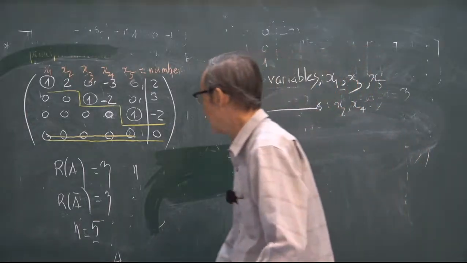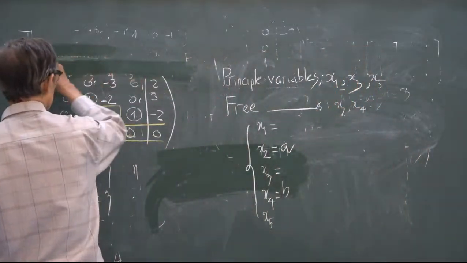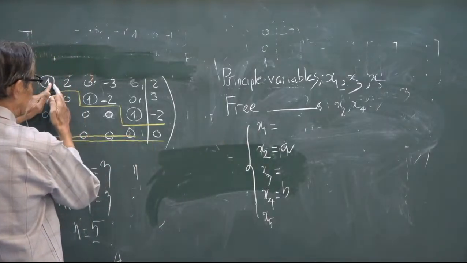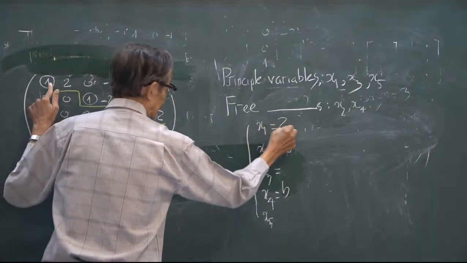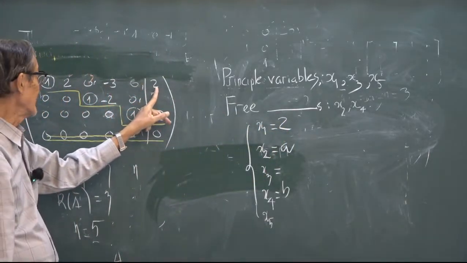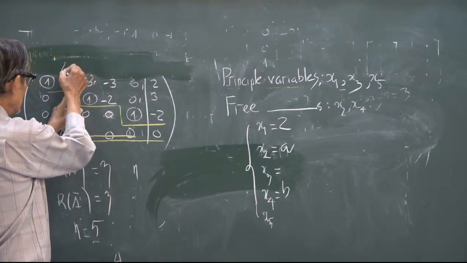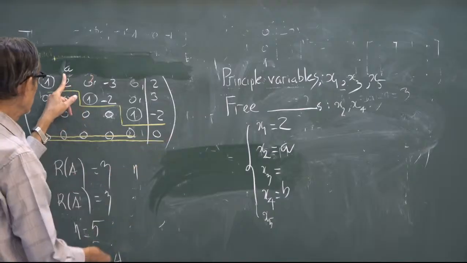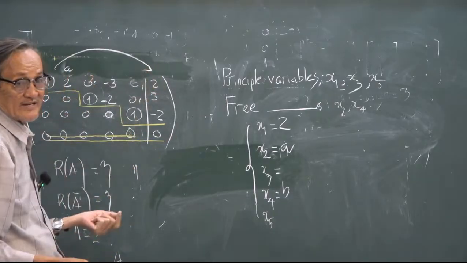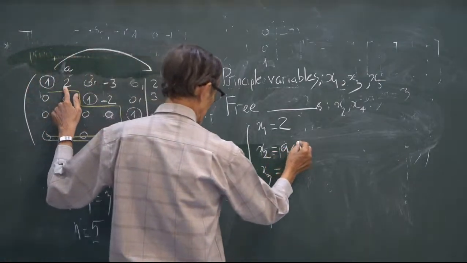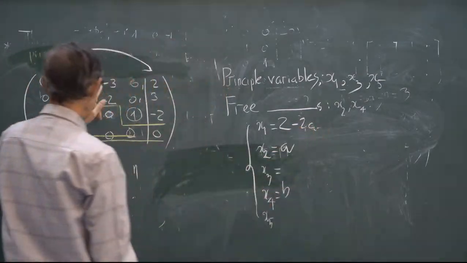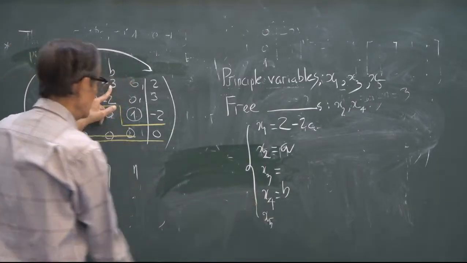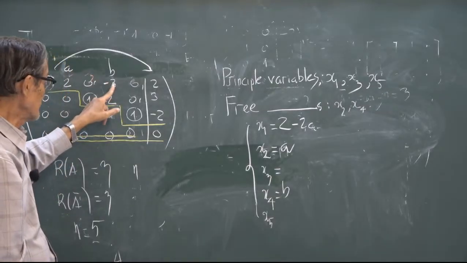For x1, we have a number, 2x2 is 2a. Move it to the right-hand side: minus 2a, and minus 3x4 is minus 3b.